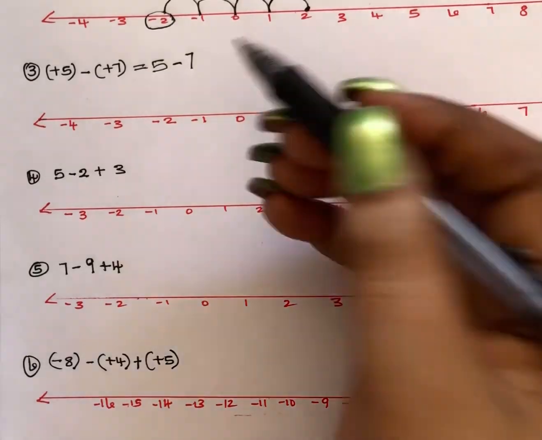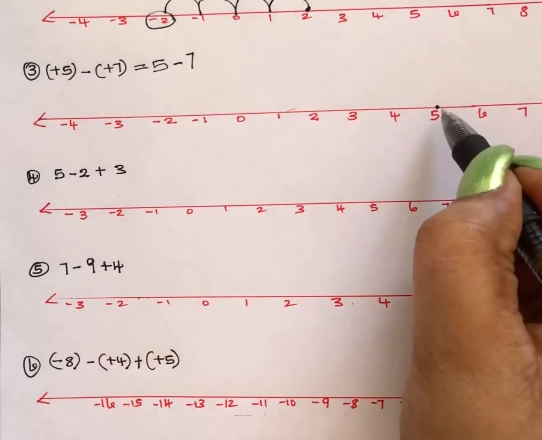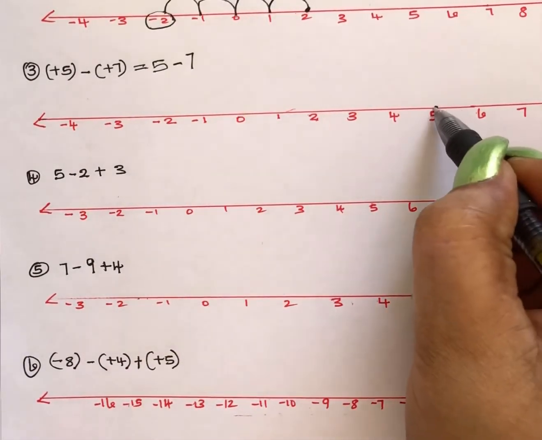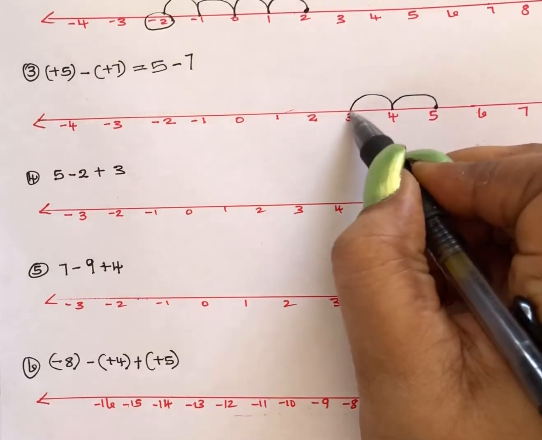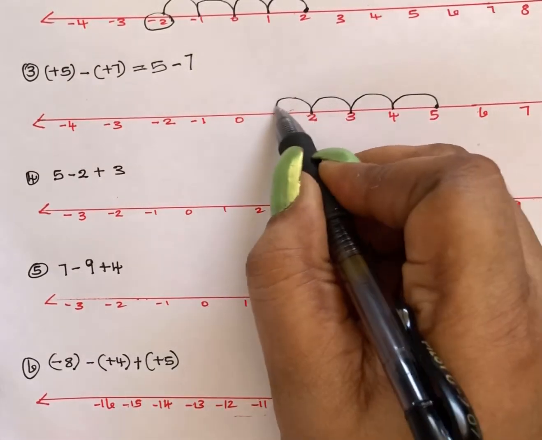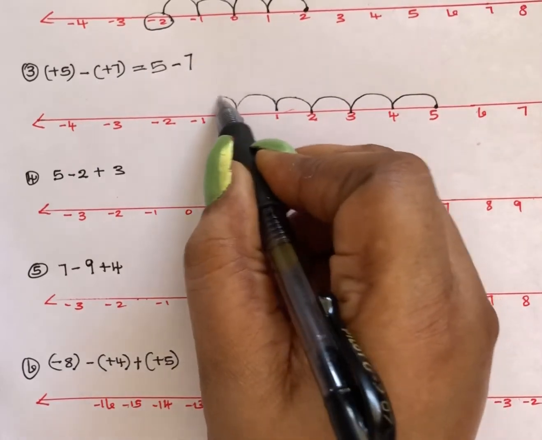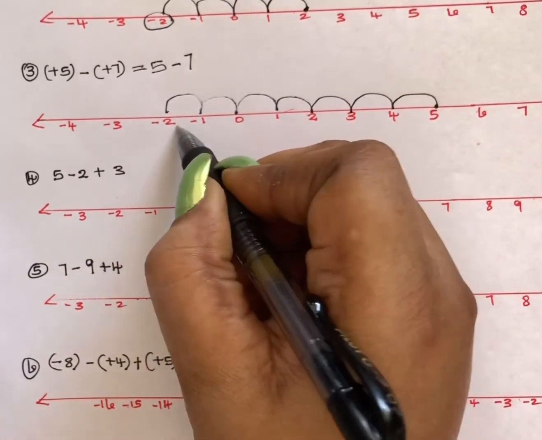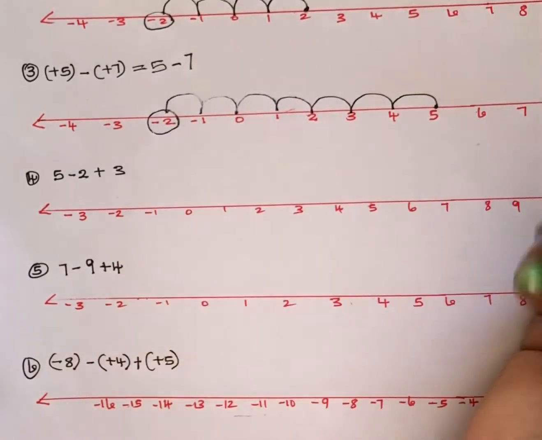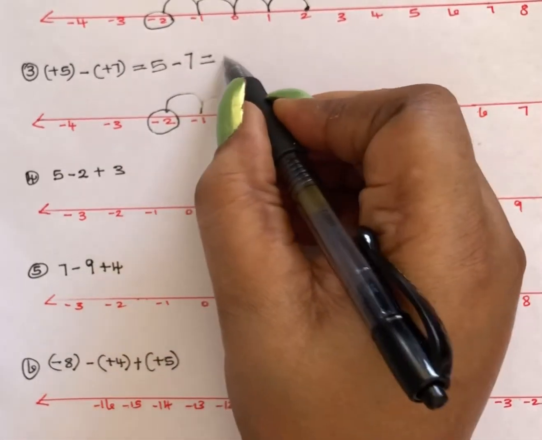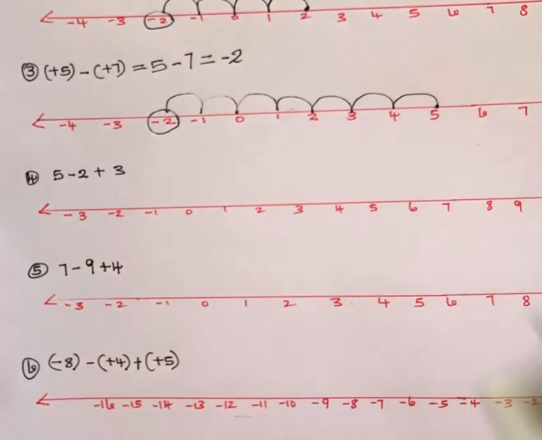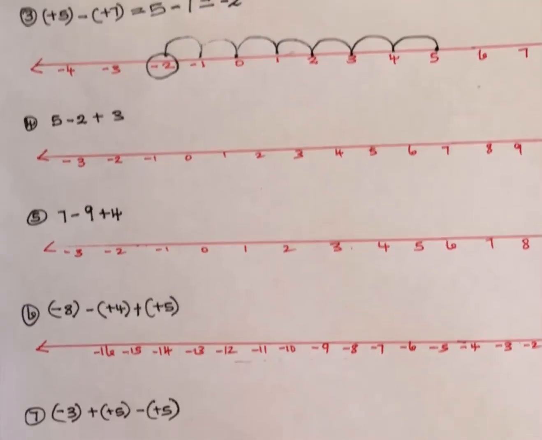So I'm going to make 7 moves to the left. 1, 2, 3, 4, 5, 6, 7. 5 minus 7 is negative 2.